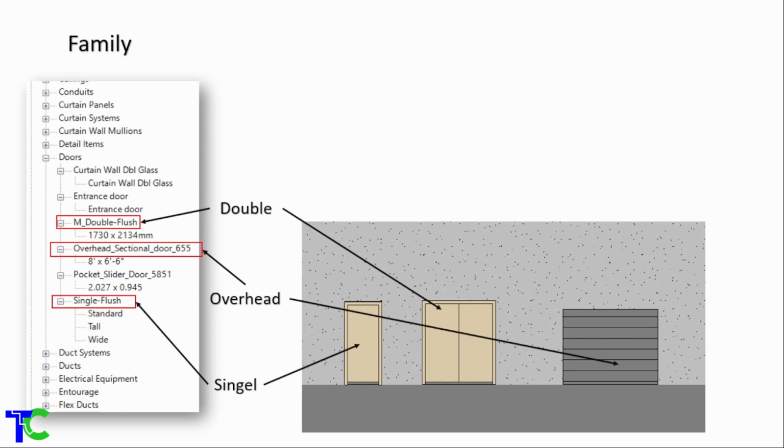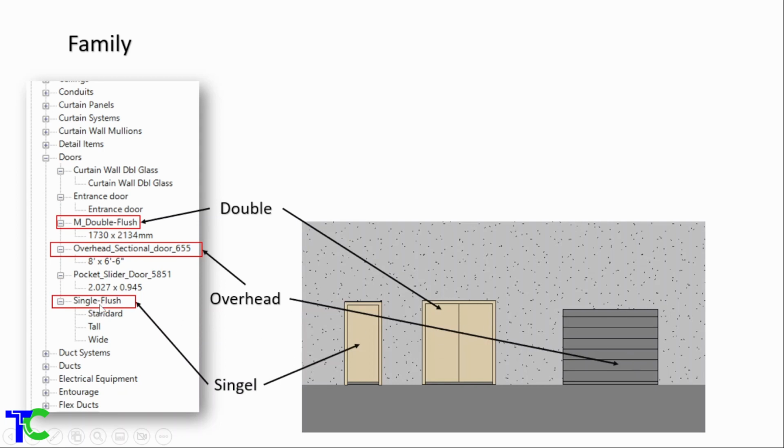Each category contains at least one family, but in many other cases there may be several. For example, let's consider the category doors. Doors come in all kinds of shapes, sizes, and configurations. We can have double flush, single flush, overhead, entrance door, and so on.